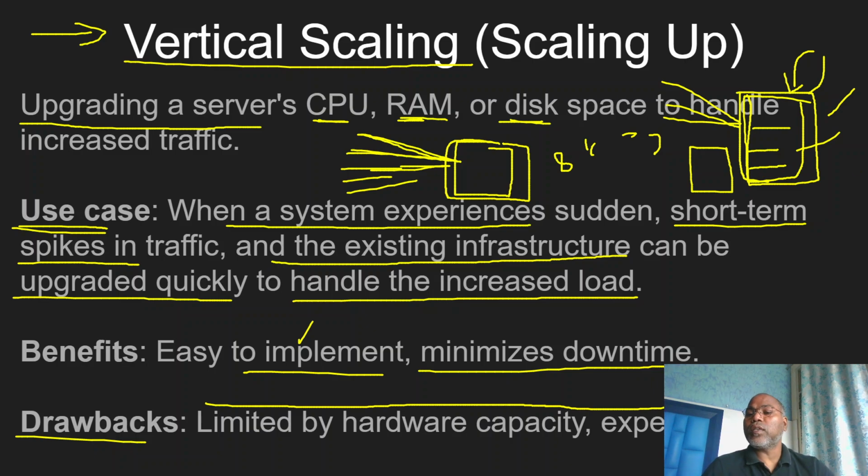Also, whenever you are increasing this capacity, the cost of such a powerful machine is very, very expensive. Vertical scaling becomes very expensive because you have to buy a machine and motherboard that supports a high number of CPUs, RAM, and buses. That becomes very, very costly.